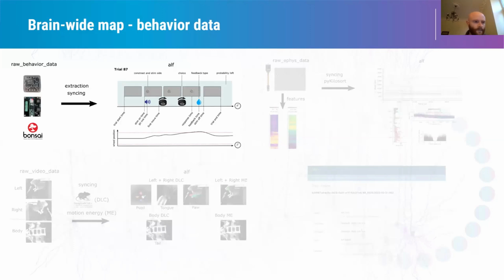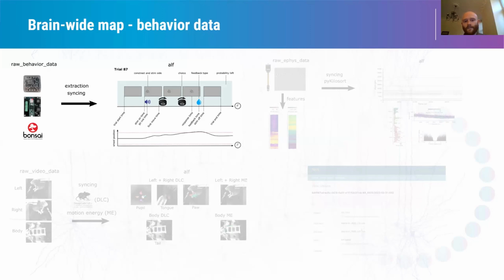So here I'll go through some of the hardware devices used to make up this dataset. First one being the behavior. So we acquired the behavior with Bonsai and some hardware called BPOD. The raw behavior data is typically stored in a folder called raw behavior data.